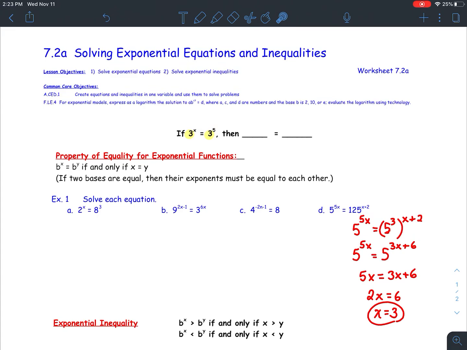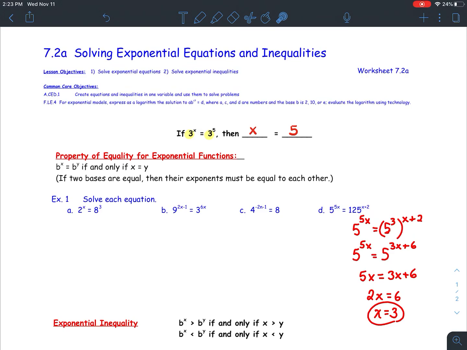Okay, so if 3 to some power equals 3 to the fifth power, then I should be able to set these two exponents equal to each other, as long as their bases are the same, and then I've solved the equation for x. This missing exponent over here would have to be a 5.